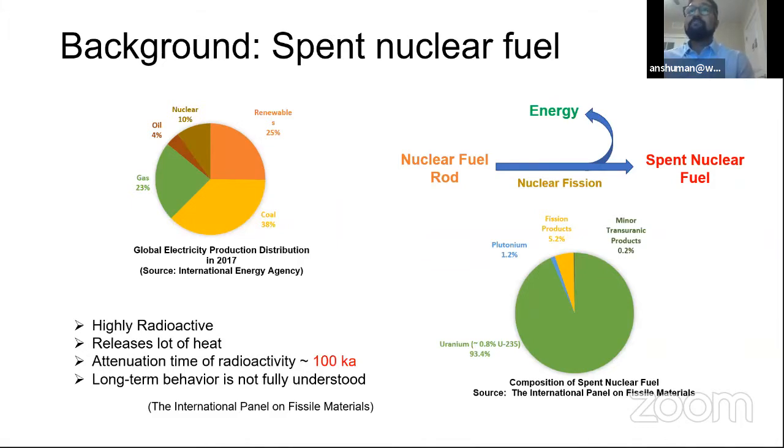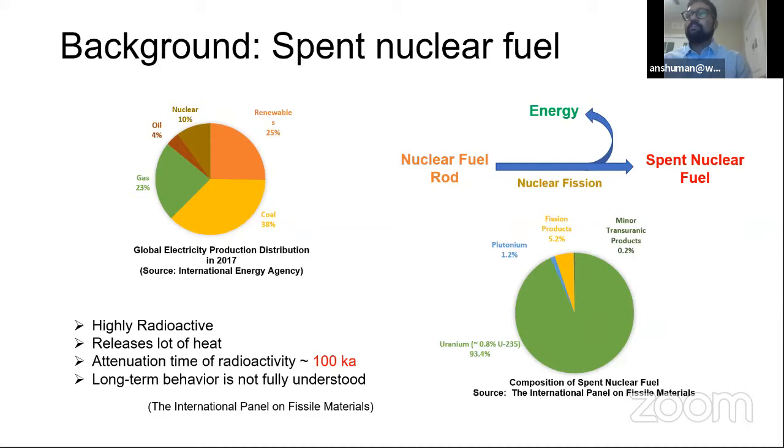Almost 10% of global electricity production in 2017 was nuclear, and almost all of it was based on uranium. This is the process on the right side of the screen in which spent nuclear fuel gets generated in the nuclear power plant.